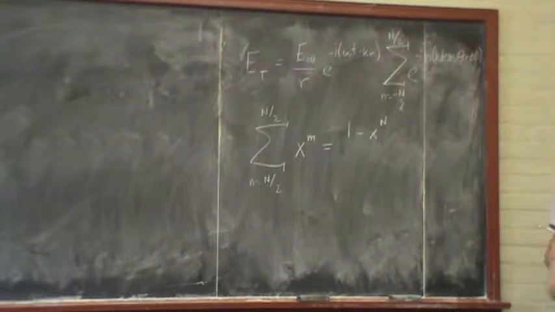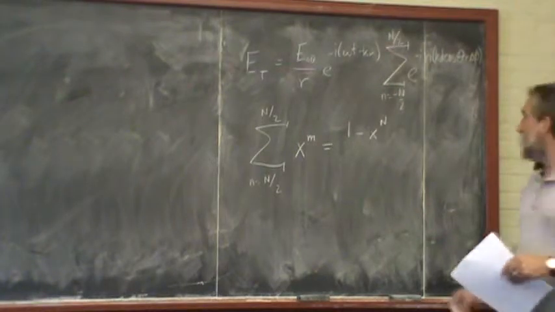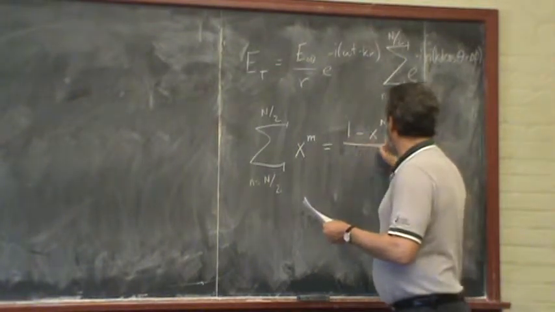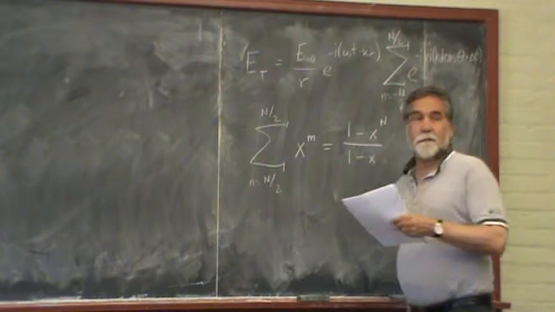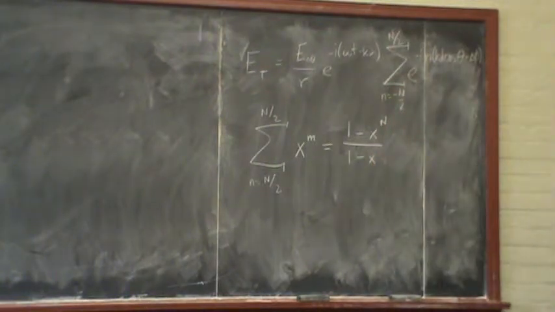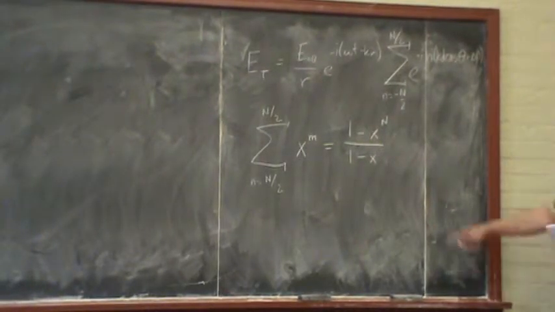Can anyone in the class tell me what the limits on x have to be in order for this to be true? X can't be 1. I think 1 is okay. It would be 0 over 0.